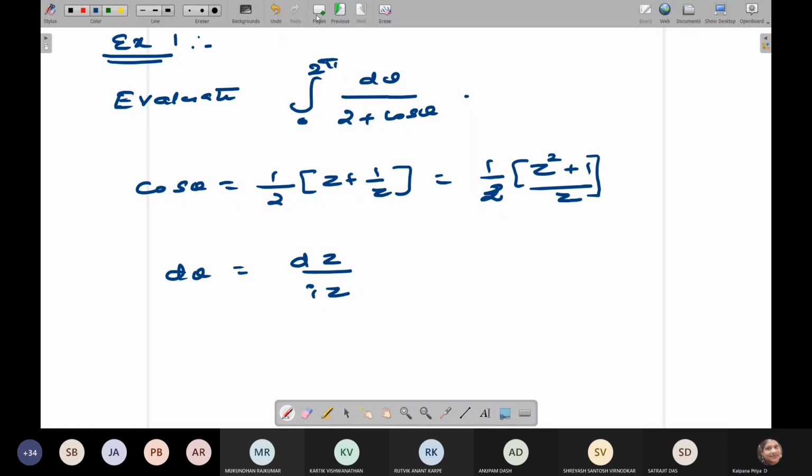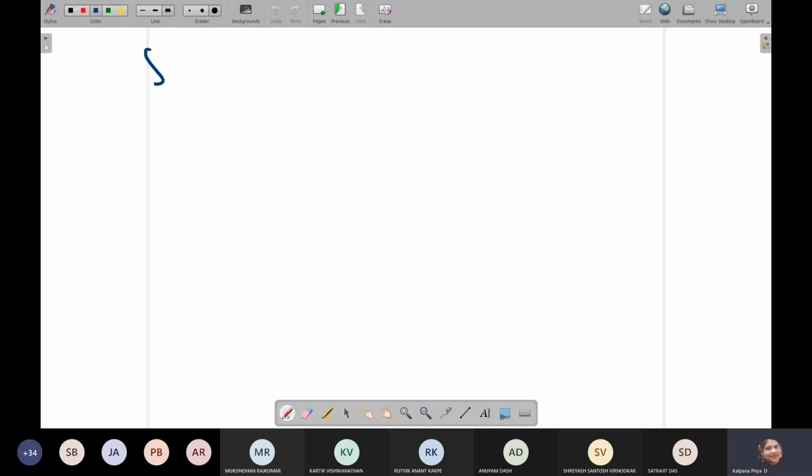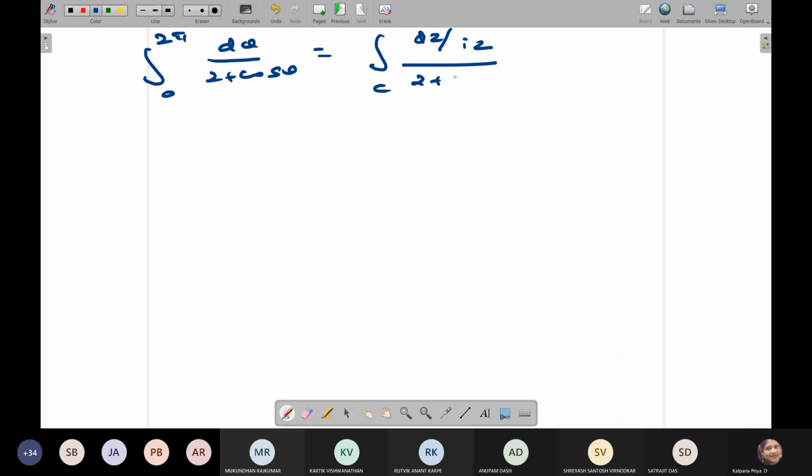Now integral 0 to 2 pi d theta upon 2 plus cos theta equals integral over C of dz by iz upon 2 plus 1 by 2 times z plus 1 by z.